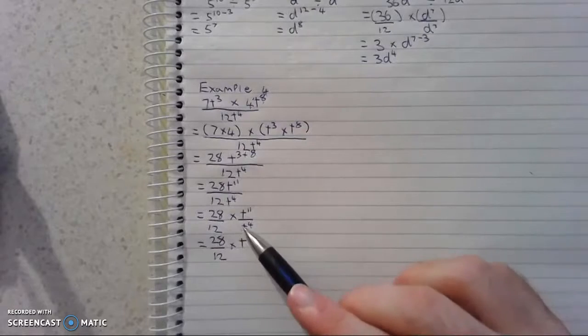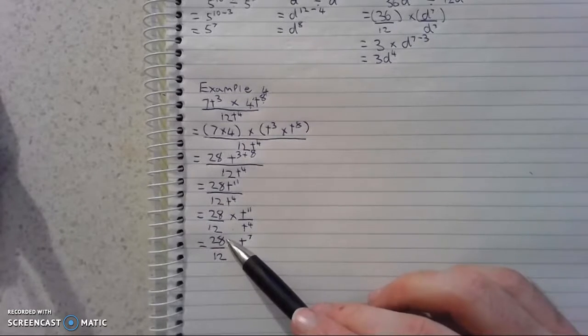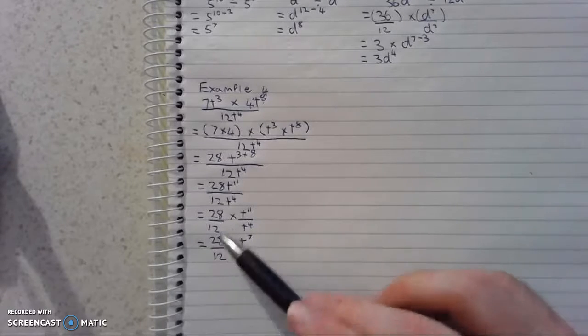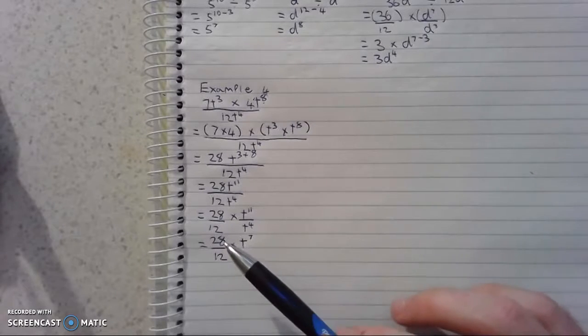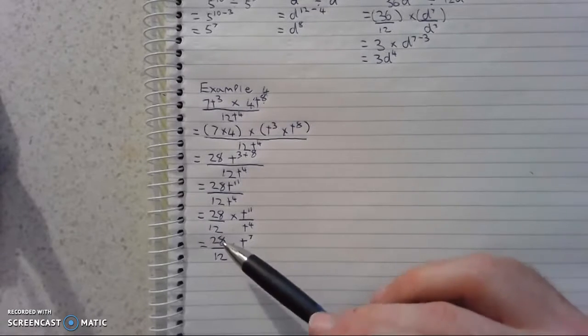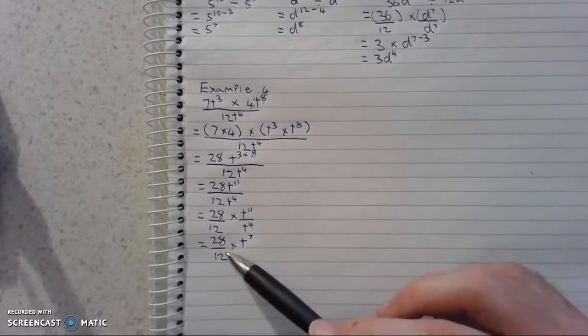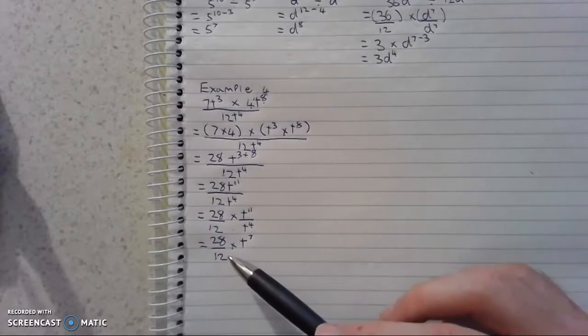Now because 12 can't go into 28 evenly to get the exact number, we'll just simplify this fraction. The way we simplify fractions is by finding the largest number that fits into both of these numbers evenly. So that would be 4.